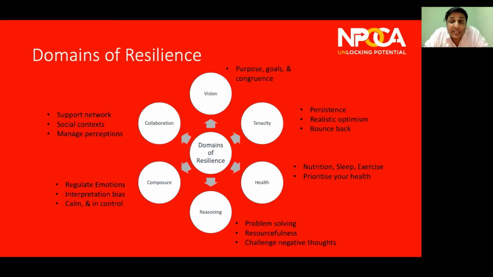To be resilient, I want you to recognize that your health is equally important. You need to look at your nutrition. You need to look at your sleep. You need to play. Playing is not just for your emotional or your physical well-being. It goes much beyond.